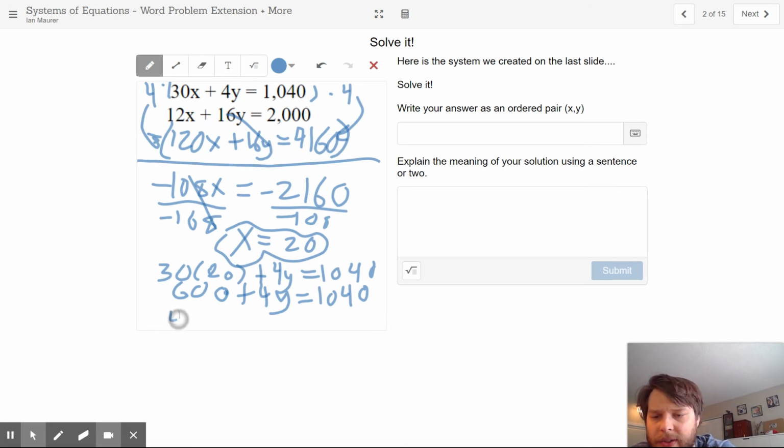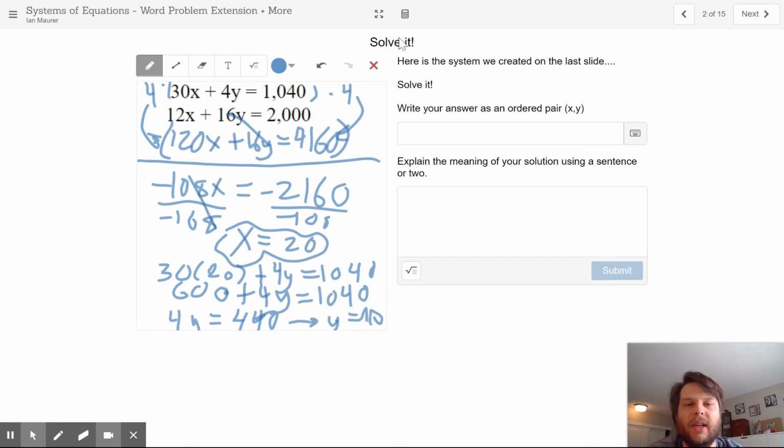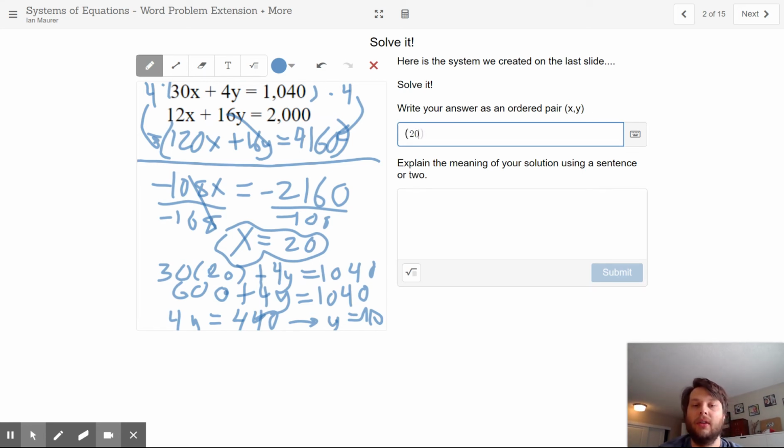I know I'm running out of space here a little bit. So subtract 600, 4y equals 440. And then if I divide by 4, I get y equals 110. So we write the answer as an ordered pair, 20, comma, 110. That seems good to me.